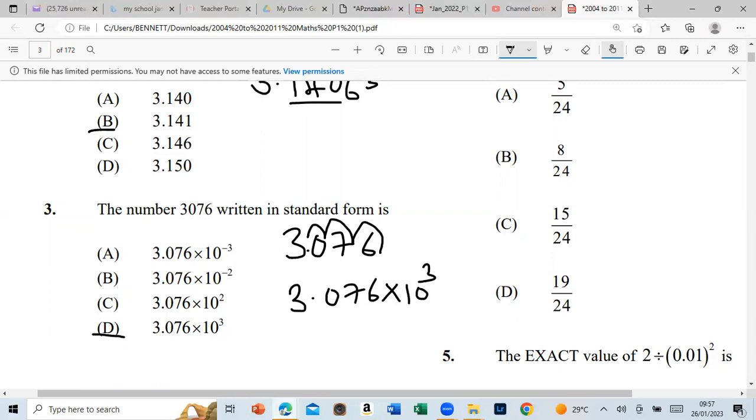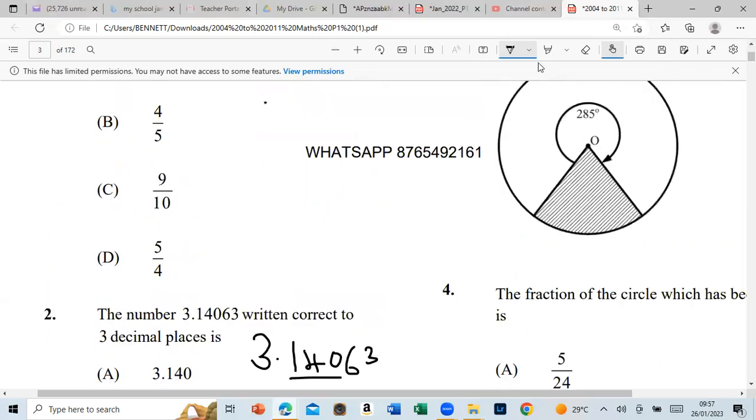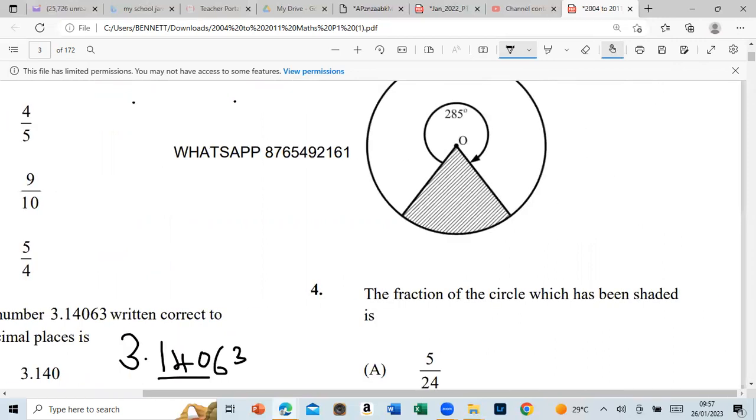Alright, let's move up to number 4. The fraction of the circle which has been shaded is. So they want us to figure out the shaded portion for this. The entire circle is 360 degrees.